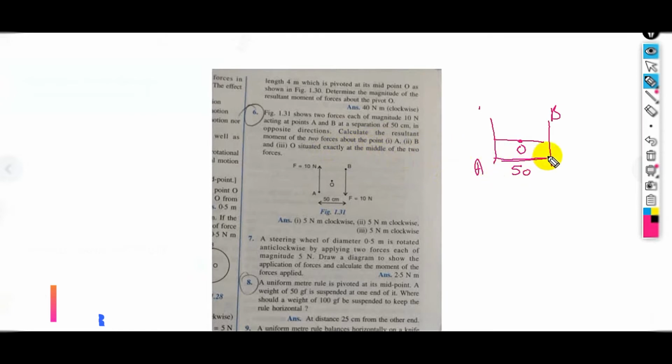So at point A, the distance is between these two.